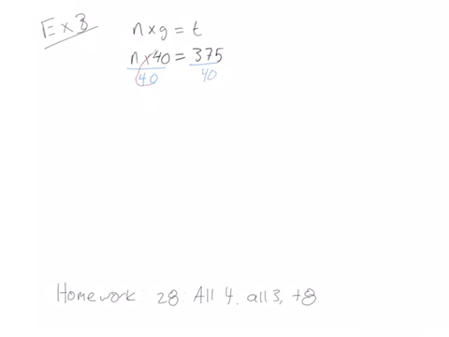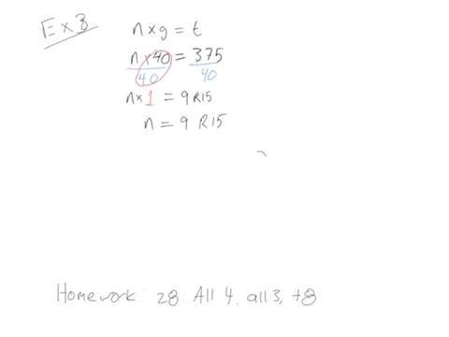This 40 divided by 40 becomes 1, so I'm going to have n times 1 is going to equal, again, if you work this out, you will have 9 with a remainder of 15. Then we know that n times 1 is just simply n. So n is going to be 9 with a remainder of 15.